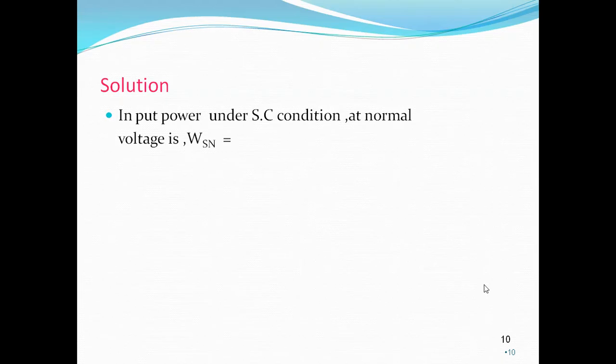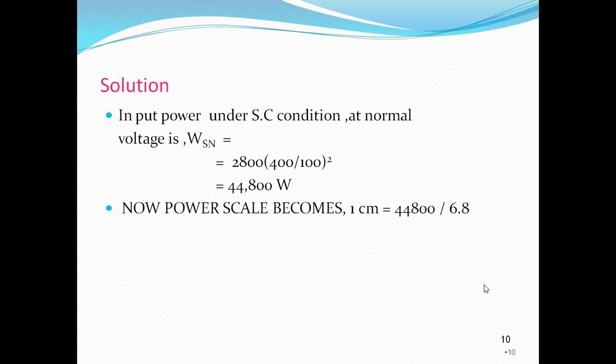So next, the short circuit input power W_SN is equal to 2800 into (400 by 100) whole square, which is 44,800 watts.